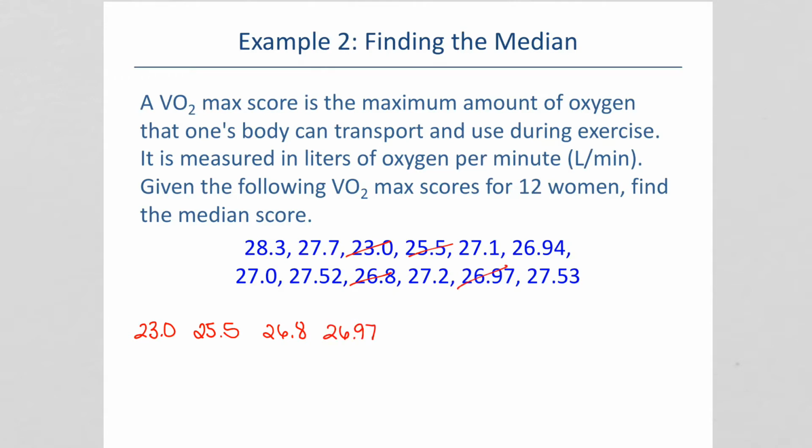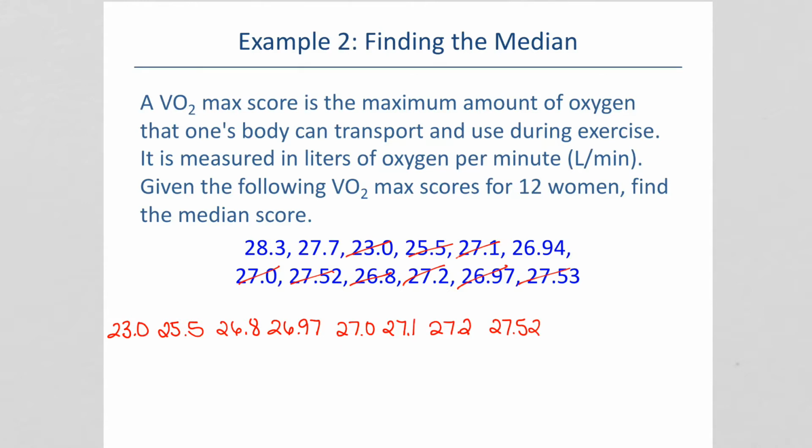26.97, 27.0, 27.1, 27.2, 27.52, 27.53. Oh, let me pause and rearrange this a bit so I can fit them all on one line. Okay, hopefully I can fit them all on here now.